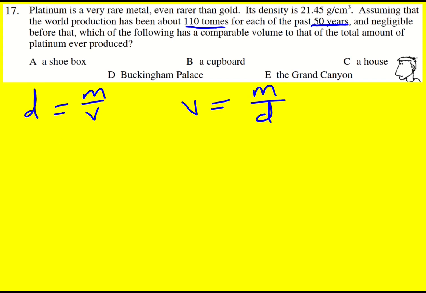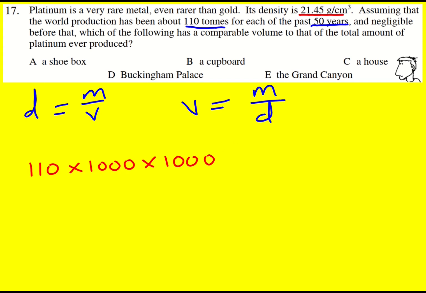So for the mass, one thing we need to be really careful about is using the same units. I've got grams, and I've got tons here. So for the mass, I've got 110 tons. I would times through by 1,000 to get the number of kilograms, and then times through by 1,000 again to get the number of grams.